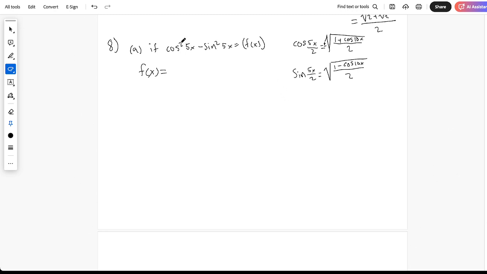Okay, but notice how this is squared and this is not, which means we have to square this in order to put it into the problem, right? So the square of a square root is just what's inside the square root.